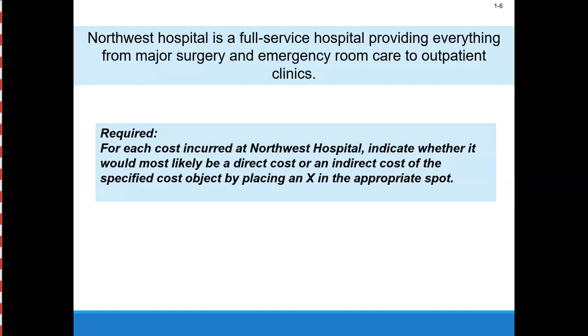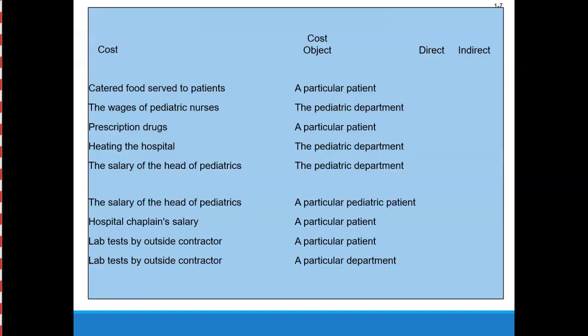Northwest Hospital is a full-service hospital providing everything from major surgery and emergency room care to outpatient clinics. For each cost incurred at Northwest Hospital, indicate whether it would most likely be a direct or indirect cost. So what I'm trying to do here is just start getting our minds thinking of how this works. So for example, catered food served to patients. If our cost object is a specific patient, is that a direct cost?